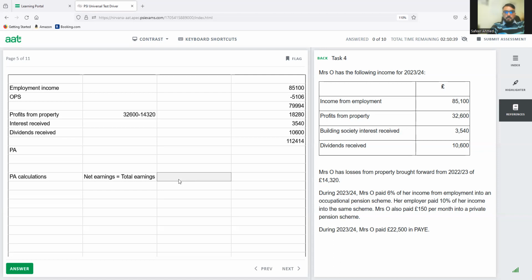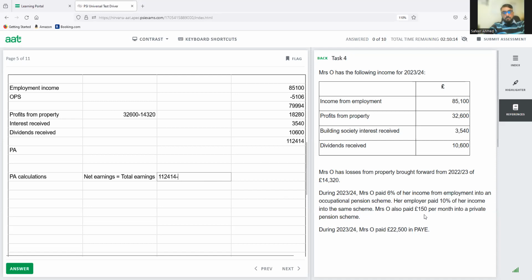So the net earnings is total earnings. The total earnings we already determined, which is total income 112,414 minus, if you look at this question, there are no gift aid donations, but there is one thing, which is the personal pension scheme. As you can see, Mrs. O also paid £150 per month into a private pension scheme.